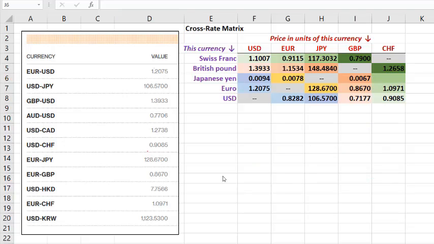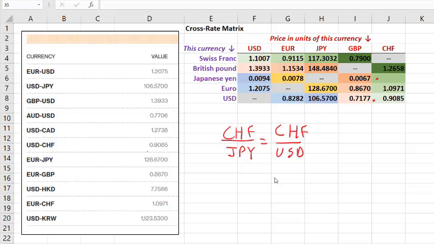Okay, we're getting close. Looks like we're down to the last one. What is the Swiss franc price of Japanese yen? Swiss francs per Japanese yen. And of course we'll do this, Swiss francs per dollar. What is the Swiss francs per dollar? That's back over here again.